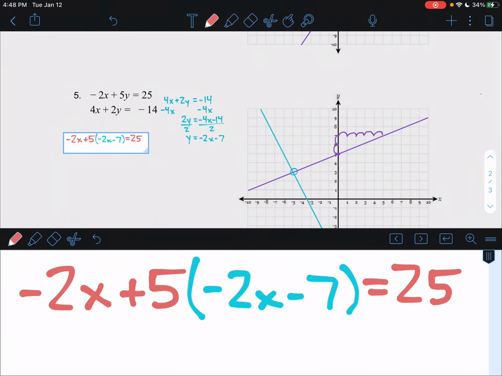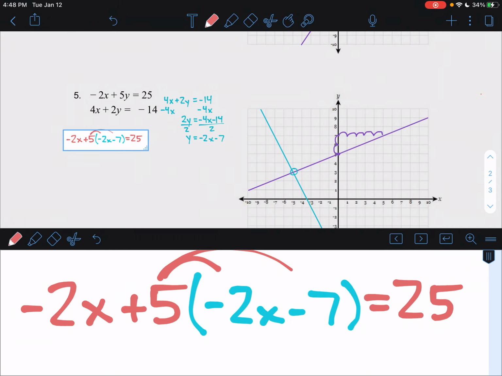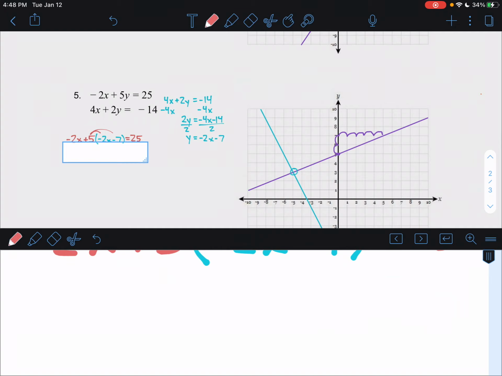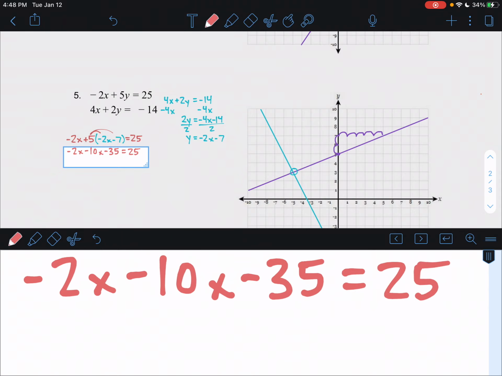So let's see, I'll distribute that 5. So I'm going to have -2x. 5 times -2x is -10x, and 5 times -7 is -35, equals 25. So -2x minus 10x minus 35 equals 25.